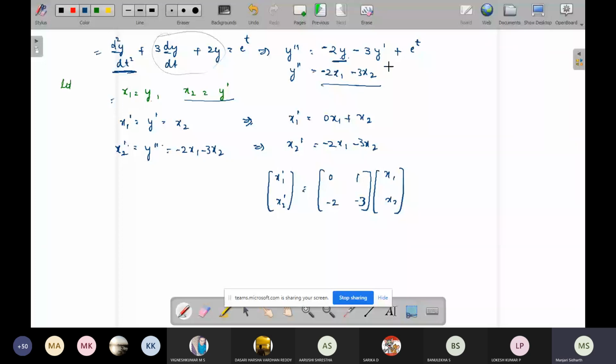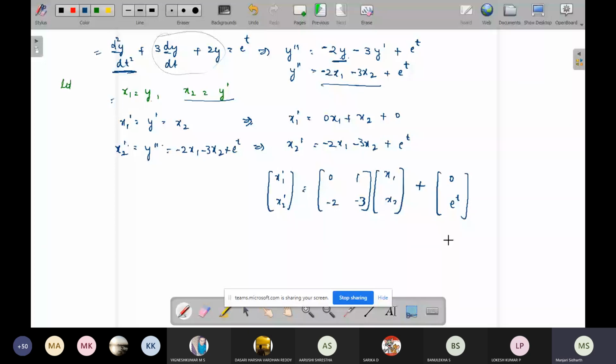Because we are changing the dependent variable, not the independent variable. So the independent variable will be in terms of t only. That means here you will get e power t. Here the non-homogeneous part is 0, and here it is e power t. That means simply write 0, e power t.